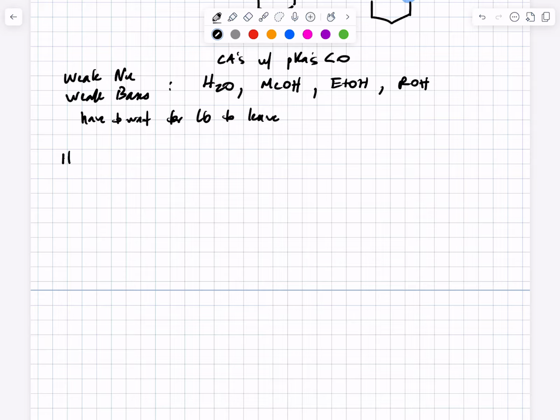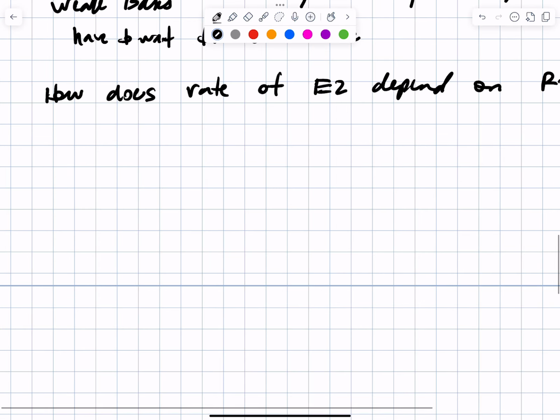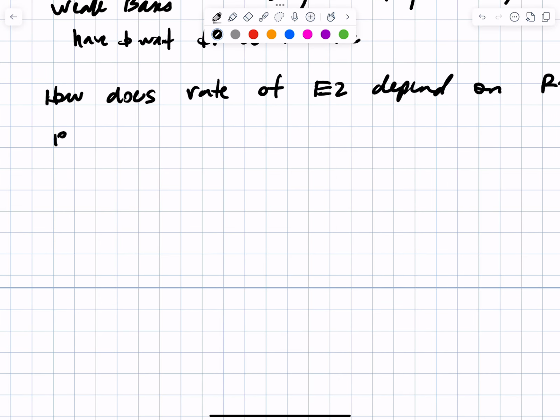But what we need to do now is answer the question, how does the rate of E2 depend on the alkyl halide structure? So it turns out that for a methyl halide, there is no E2. I'm going to have you think about that for just a minute, and then I'm going to ask you why it is.